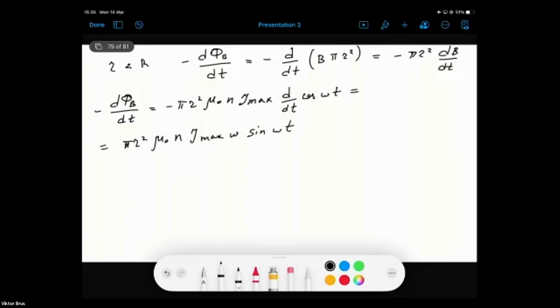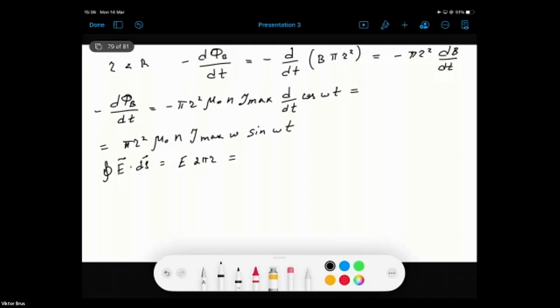The same approach for the integral over the closed loop of the electric field times the ds vector, in the case of a small loop inside the solenoid, will be the induced electric field times, sorry, it's not area, it should be length, 2 pi r.